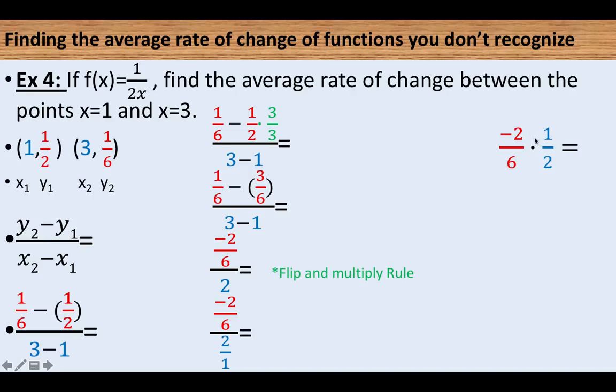So you can multiply across to get -2 all over 12 and then reduce your fraction, or you can already cancel out these 2's right here. There's a 2 in the top, 2 in the bottom. You'll end up with negative 1 all over 6. And that would be your answer. So if you multiplied across, you would get negative 2 all over 12, which if you reduce is equivalent to negative 1 all over 6.